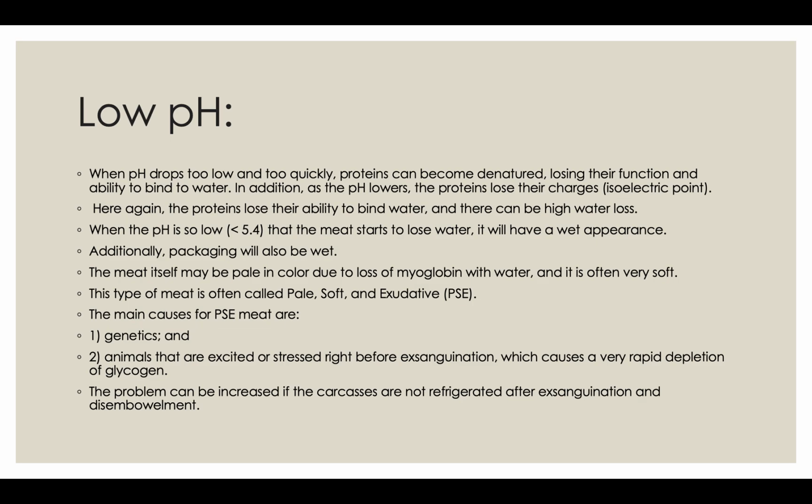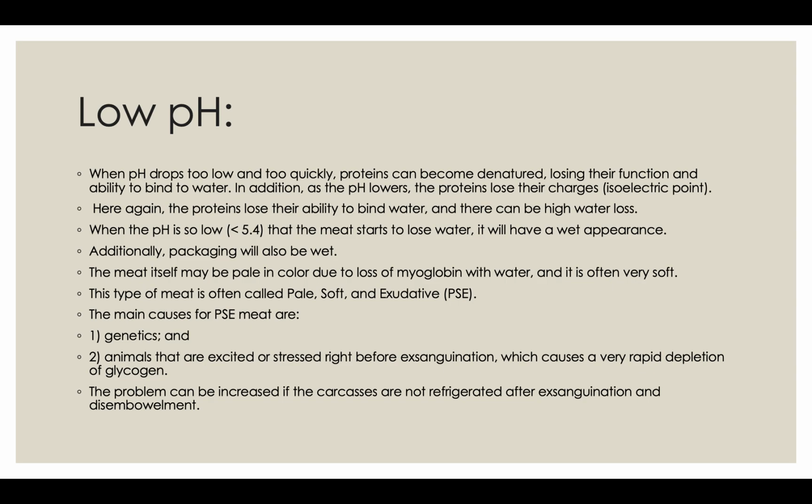When the pH is so low, below 5.4, the meat starts to lose water. It will have a wet appearance. Additionally, the package will also become wet. Meat itself may be pale in color due to loss of myoglobin with water and is often soft. This type of meat is often called PSE, pale, soft and exudative.